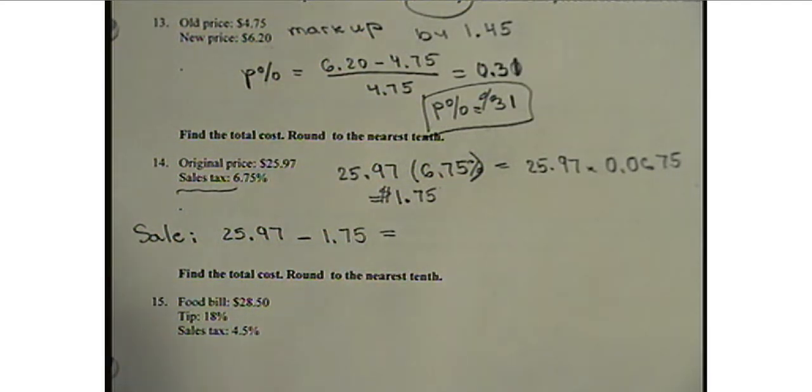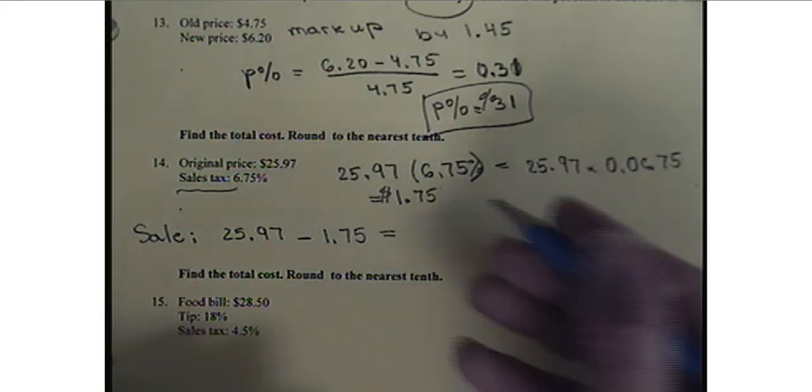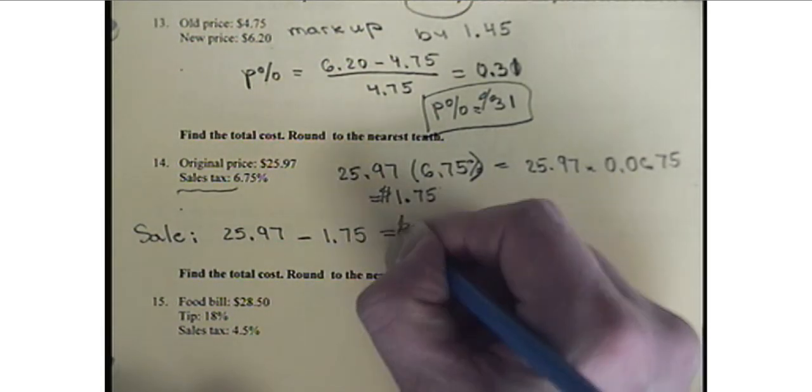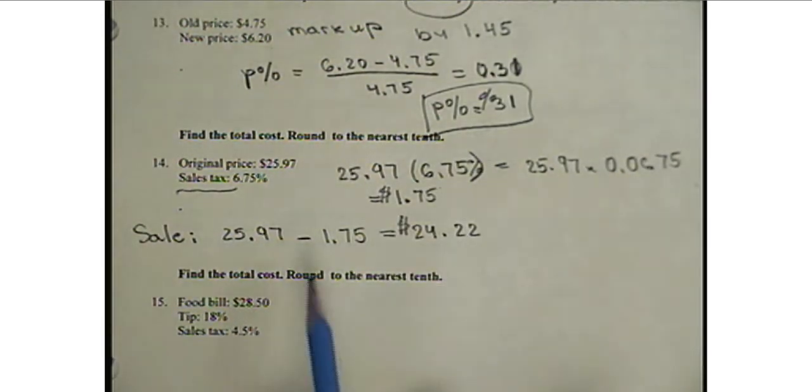So we're going to get 25.97 minus 1.75, I'm using the calculator right now, equals $24.22. Okay, so the total price after the discount of $1.75 will give us 24.22.